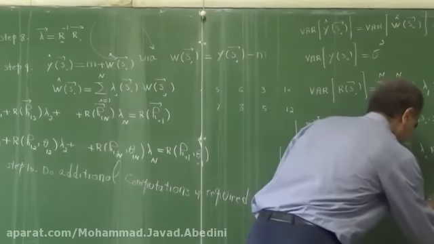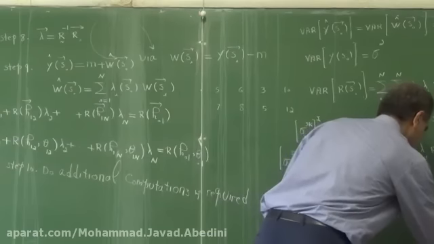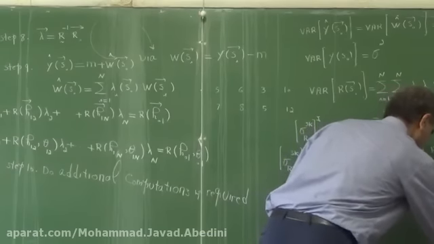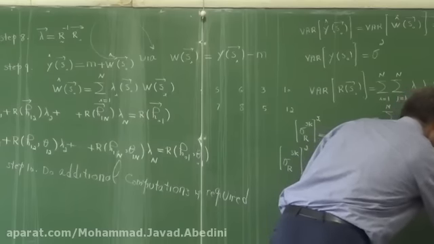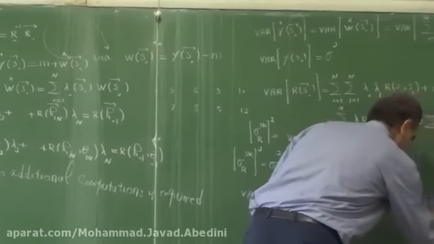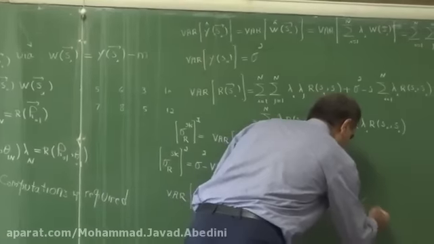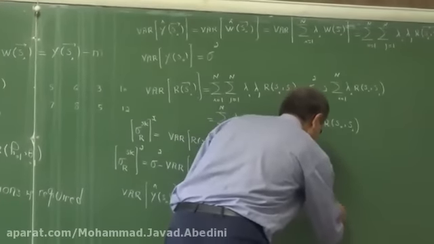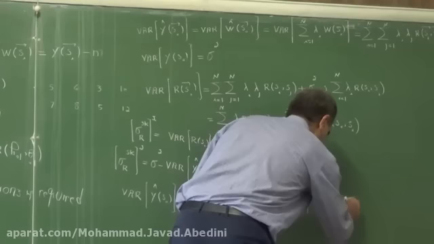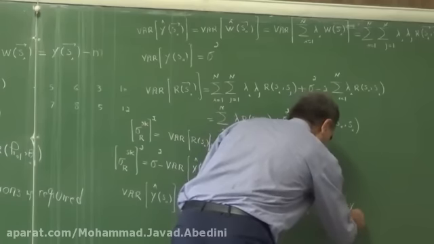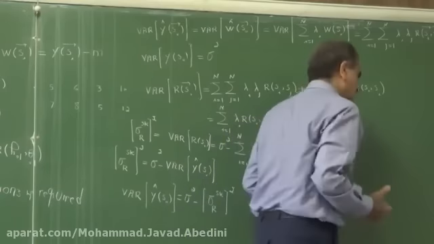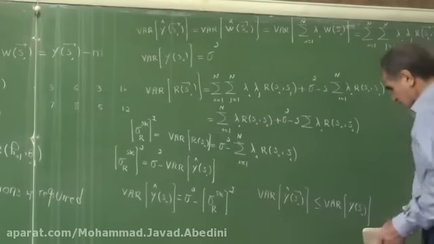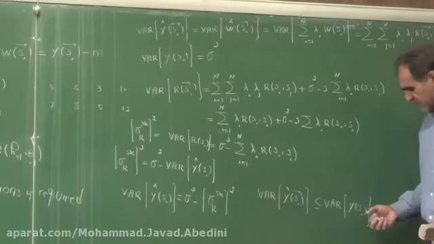Let me put it this way. Variance of estimated value is less than or equal to variance of true value. Can you interpret this for me? How could it be possible to observe it in your professional life?